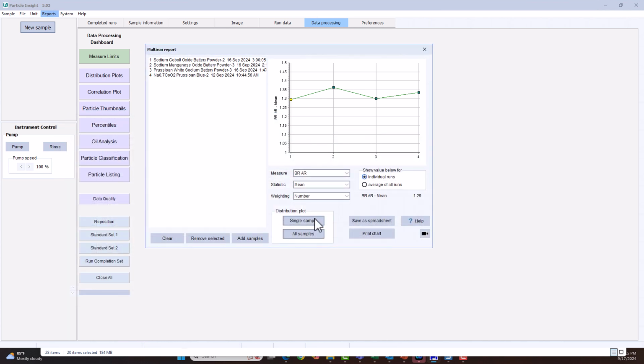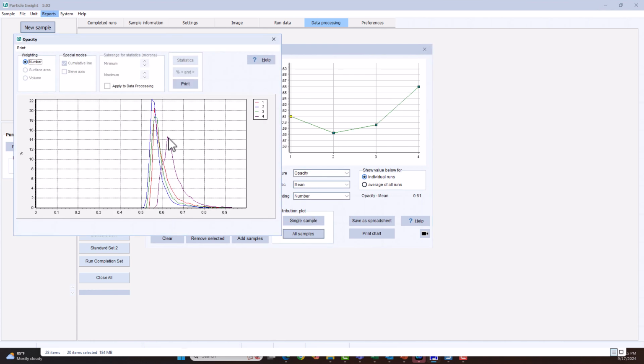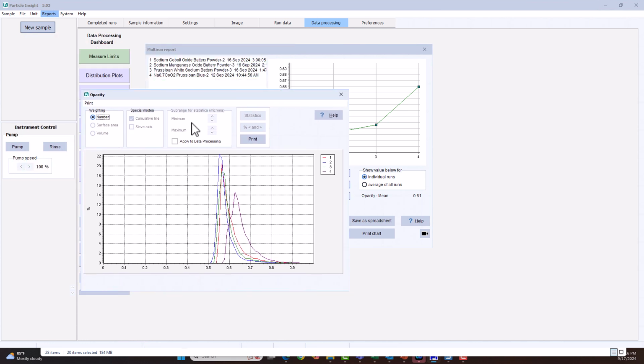And then also we could look at opacity, how dark the particles are. We see something different here, and definitely some differences. So it looks like the fourth sample, being the Prussian blue, is much darker. So it's a darker particle. So that's one other way of differentiating samples.